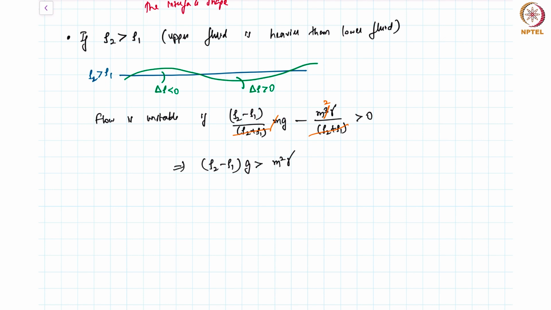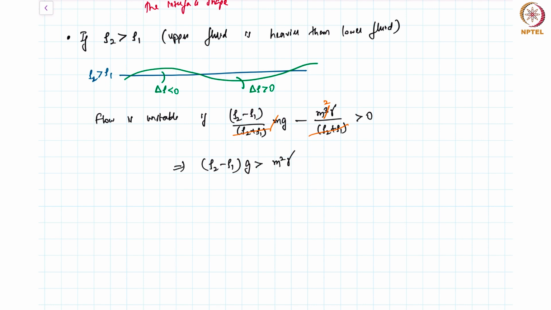So previously we thought that if the upper fluid is heavier than the lower fluid, you could intuitively say that this flow has become unstable because of the mechanism that I just explained. But that's only true when surface tension is not present, because as you can see in this particular drawing that I've made, while it is true that making a crest will make it even lighter, and the trough regions become heavier, there is a barrier for these perturbations to grow.